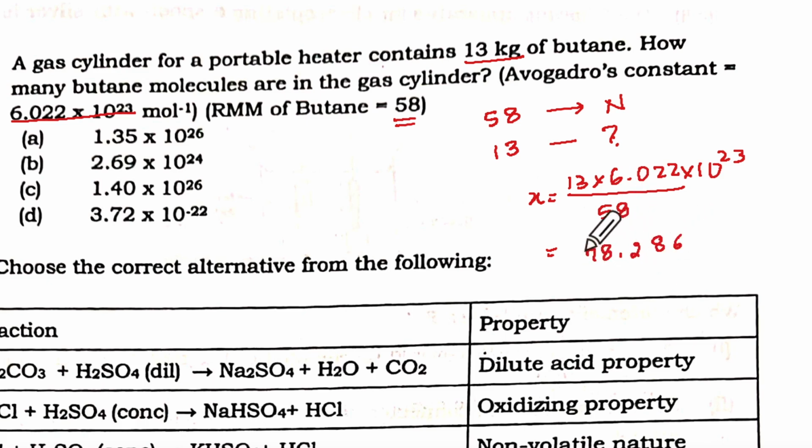That 78 is to be divided by 58, and this is 10 to the power 23 here. Excuse me, ma'am, the 13 kg, we have to convert it into grams. 13 kg, oh yeah, correct. So you'll multiply this by 1000. Correct, no?